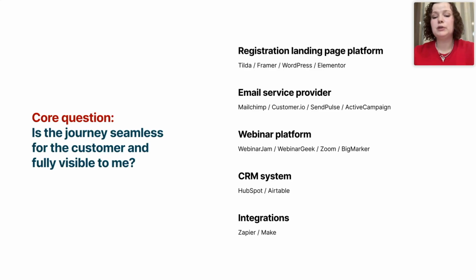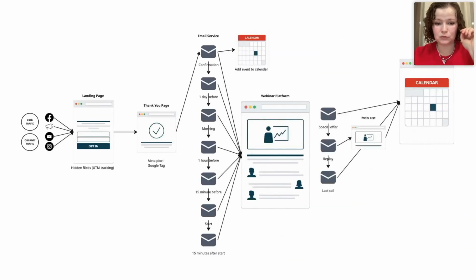But what is important is not only a seamless experience for the customer, but also analytics that we track on every stage, because all I explained now is a part of the funnel: landing, thank you page, email service, etc., etc. So these are also the stages of the funnel, and we need to track conversion, as I told you before.